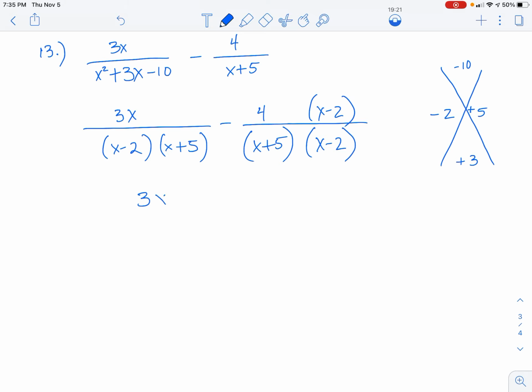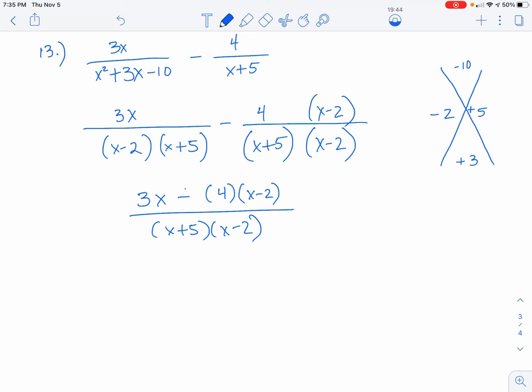So I would have 3x minus, I'm going to put these in like so.